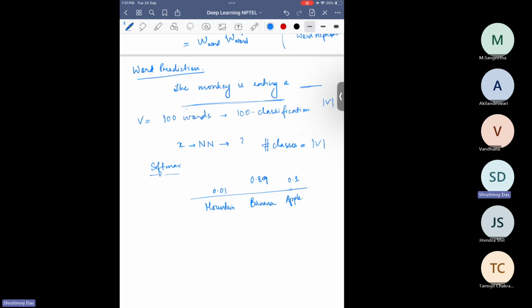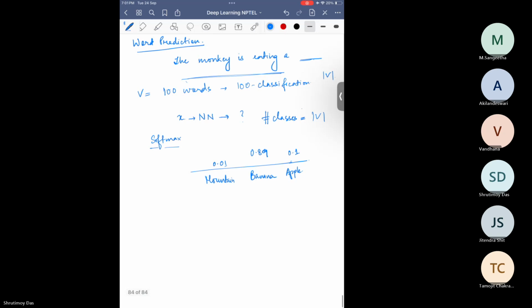Obviously, since banana has the highest probability, your machine will output that the monkey is eating a banana, right? So that is that probability distribution. That probability is given by this softmax layer that you had in the last layer of the neural network. Okay.